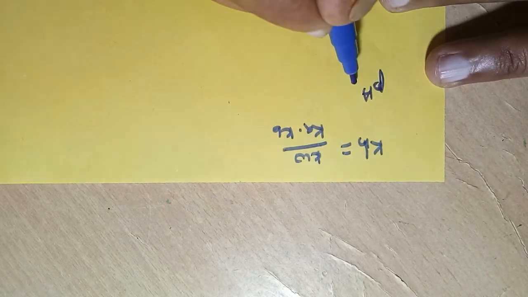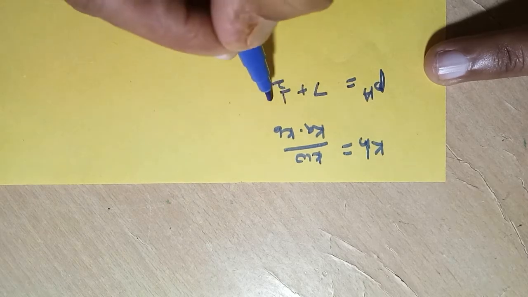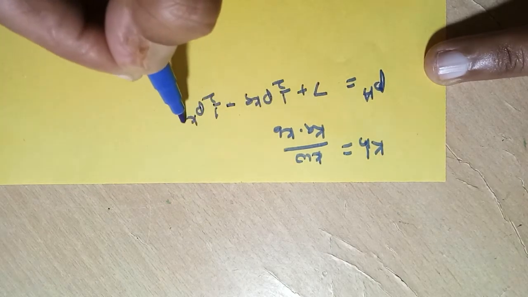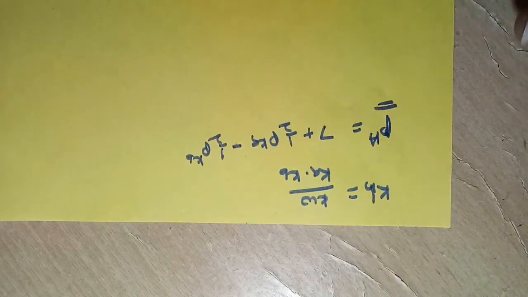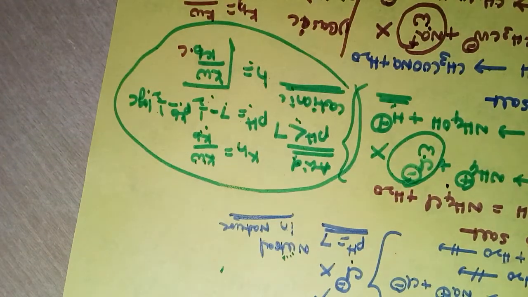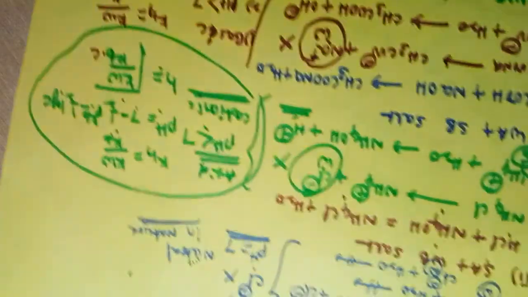How will we calculate pH? pH value is equal to 7 plus half pKa minus half pKb. This principle is used to calculate the pH of the solution. This is the concept related to salt hydrolysis.